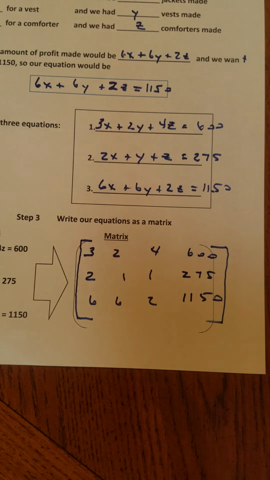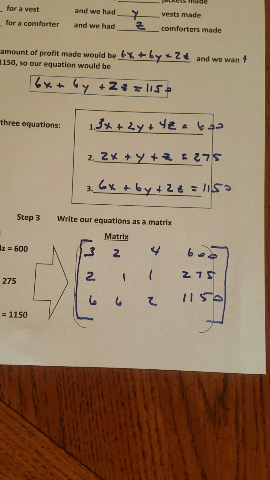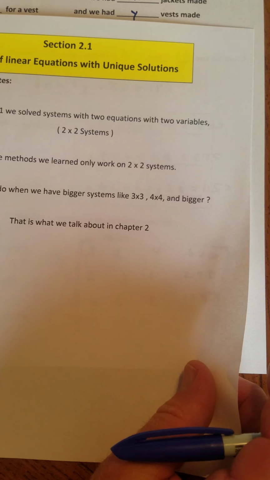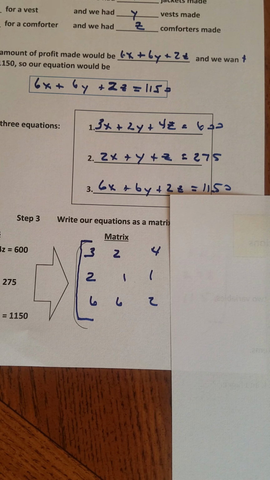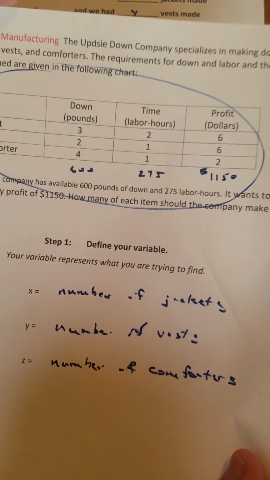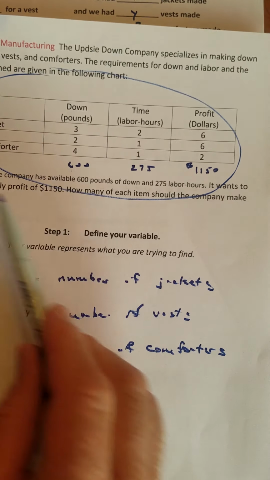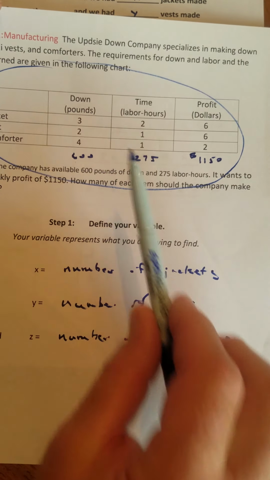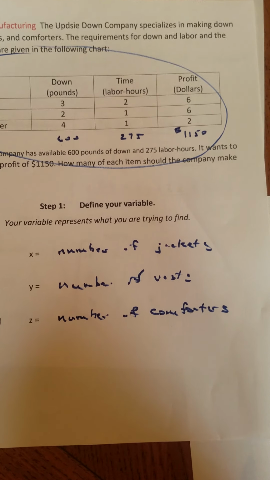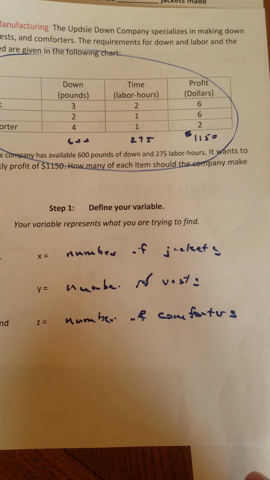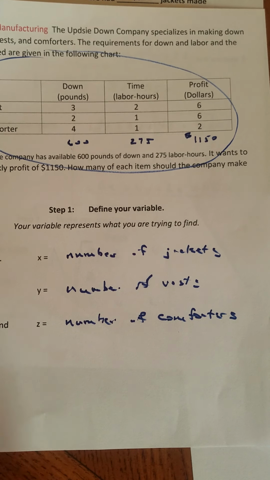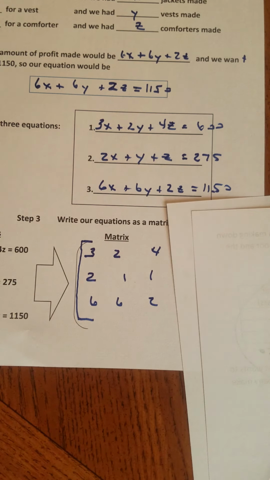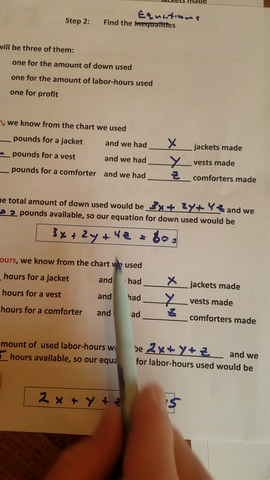Okay, so what did we just do in this lesson? Well, I started out with some brief notes about what we were doing before and where we're going now. And then we had an example where they gave us all the information, and what we have to do is take that information and put it into, first of all, equation form, and then transfer that to matrix. We defined the variables, and then I showed you the logic on how we came up with the equations.